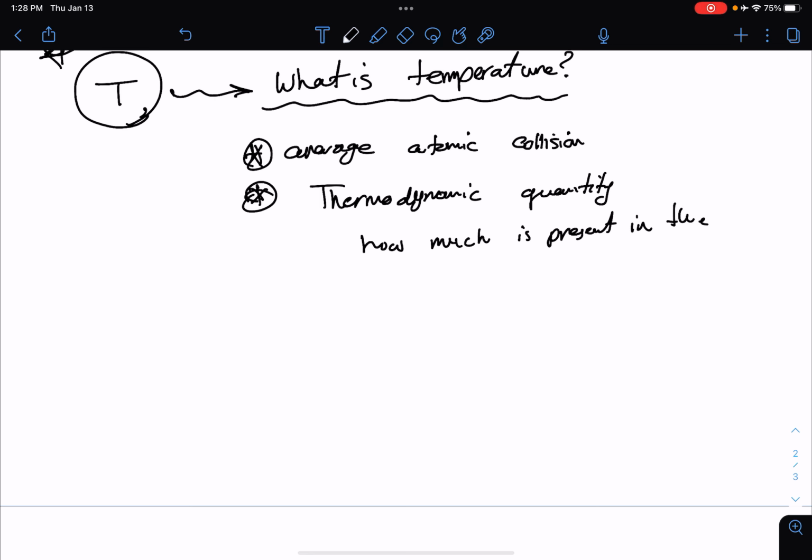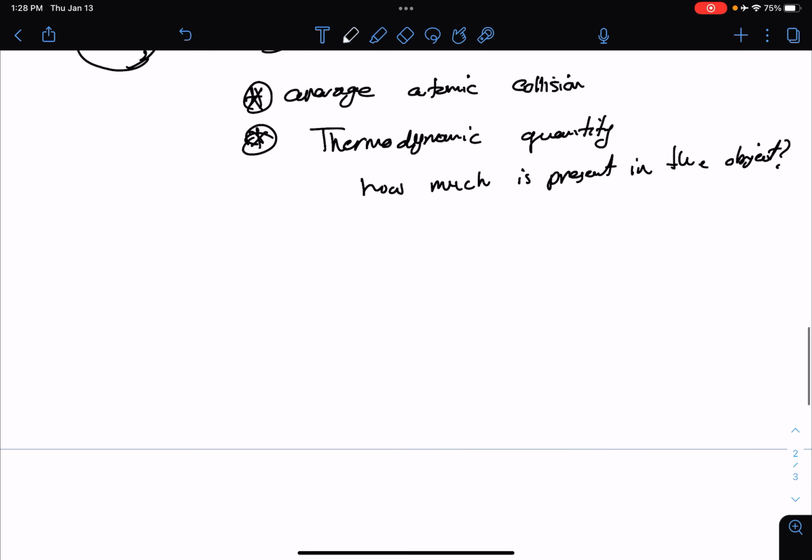In the object. Okay. I don't know. I think it is a physical quantity that measures the degree of hotness and coolness of the body. Degree of hotness. Okay. We don't have degree of coolness, right? Hotness or coolness.